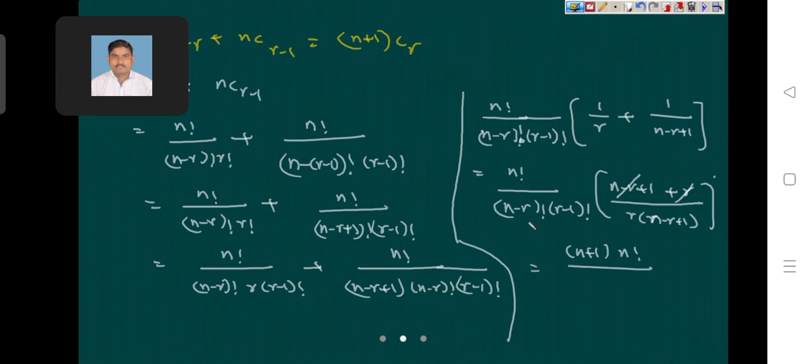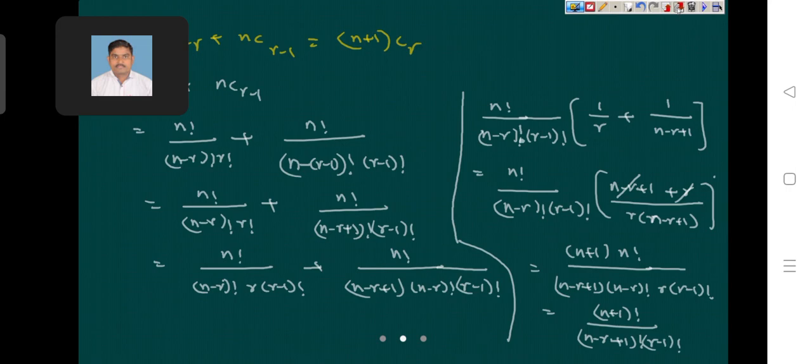In the denominator, n minus r plus 1 into n minus r factorial, and again r into r minus 1 factorial. So you can write this as n plus 1 into n factorial is n plus 1 factorial, by n minus r plus 1 into n minus r factorial, which is n minus r plus 1 factorial, by r minus 1 factorial.